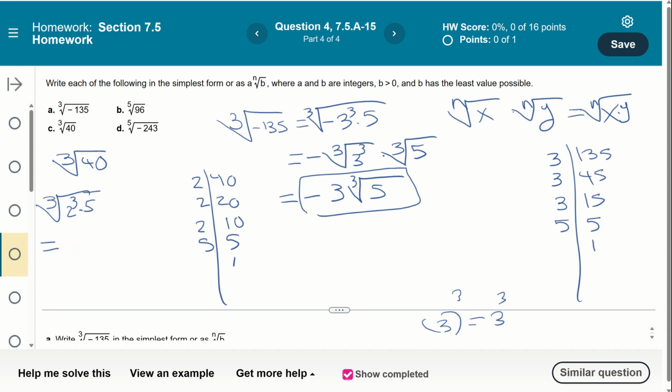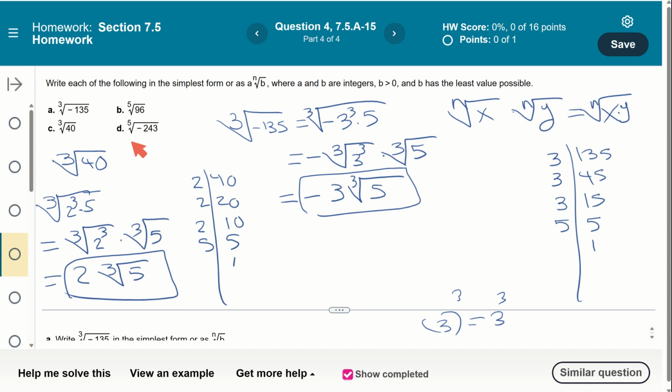Now I'm going to break it up into the cube root of the perfect cube part times the cube root of the non-perfect cube part. The cube root of 2 cubed is just 2. Think about it, you'll realize it. So I just get 2 times the cube root of 5. That would be the simplified version. And you can do the other two in a very similar manner.